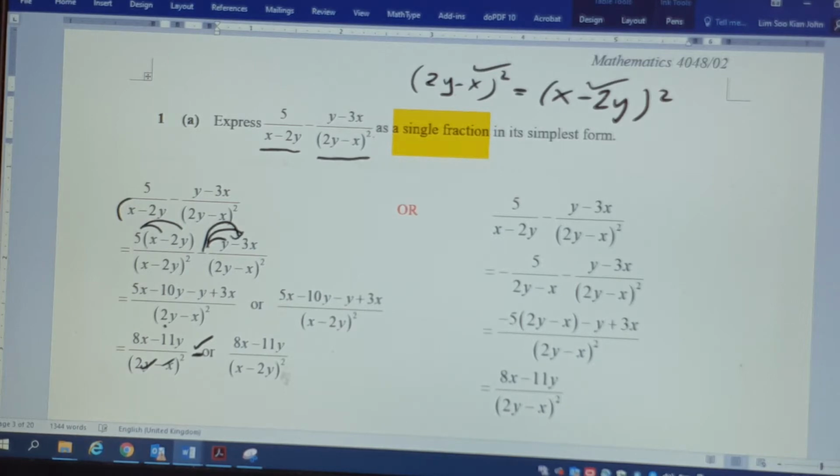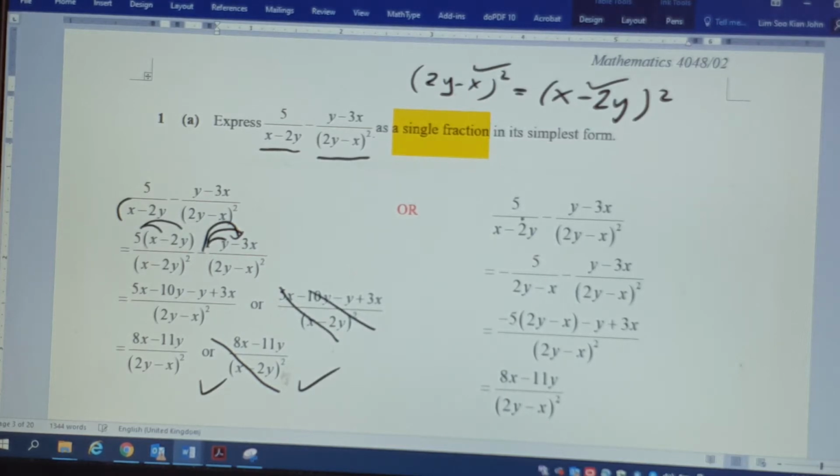Okay? And after you have done that, you can combine the x terms together to get this, the y terms together to get this, and basically that's all. All this means if you had worked it out another way and then you get this, it's also correct. Okay? So all these are like alternative answers.